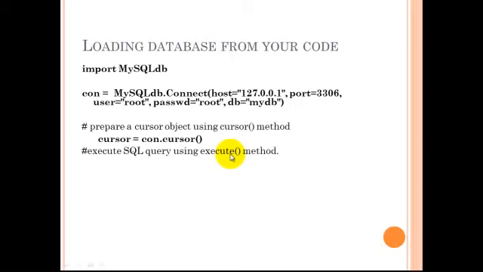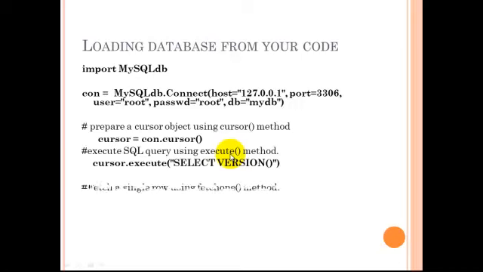How do we execute SQL statements? We do it with the execute function, which helps us perform the basic operations. Here I just use select version. Basically, this query belongs to MySQL. According to the database, you can handle the query part. Now record fetch. Here we have the fetchone method to get a record according to the query you have used.